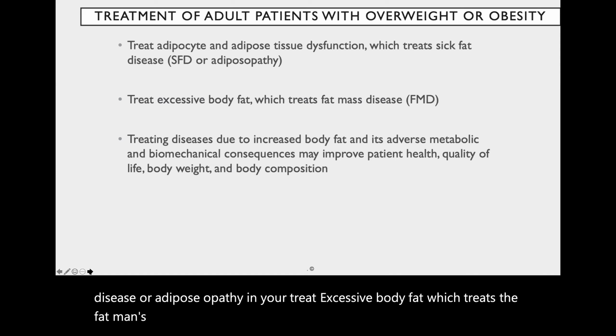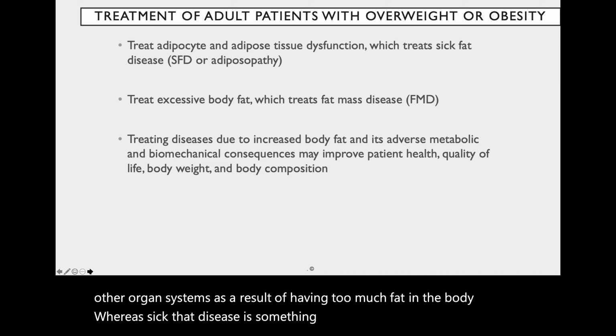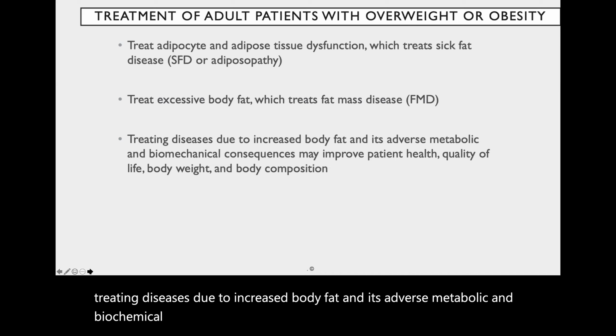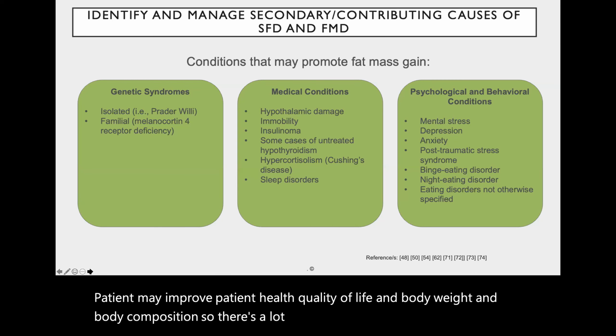The fat mass disease, remember, is the consequences to other organ systems as a result of having too much fat in the body, whereas sick fat disease is something wrong in the fat tissue itself. Treating diseases due to increased body fat and its adverse metabolic and biochemical consequences may improve patient health, quality of life, and body weight and body composition. So there's a lot of good that comes from it.